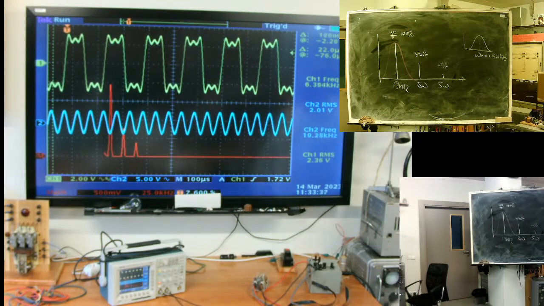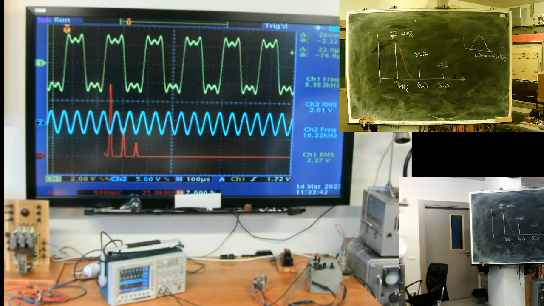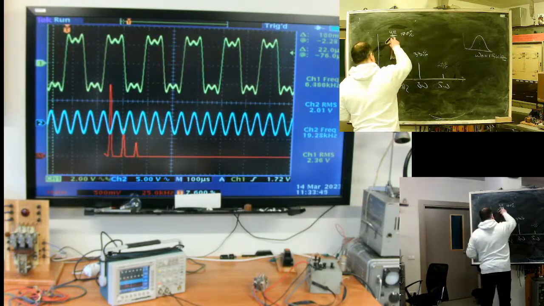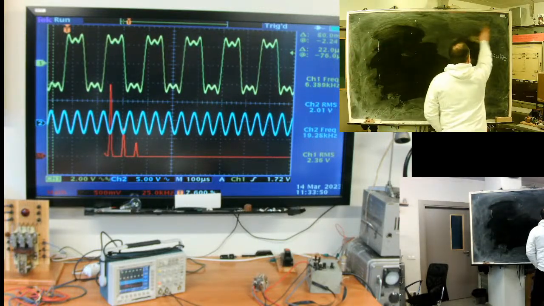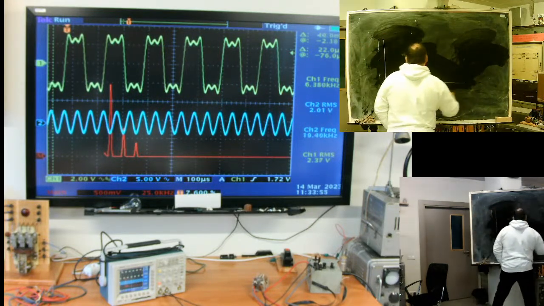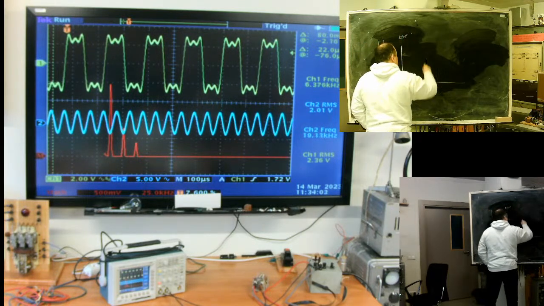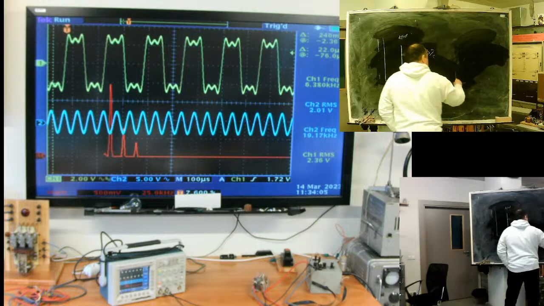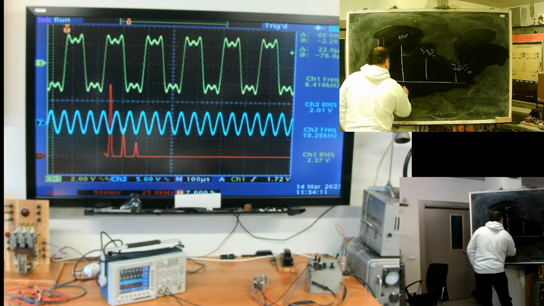Again, my signal contains 3 frequencies, 3 spectral lines: 100%, 33%, 20%. This one is 6 kilohertz.